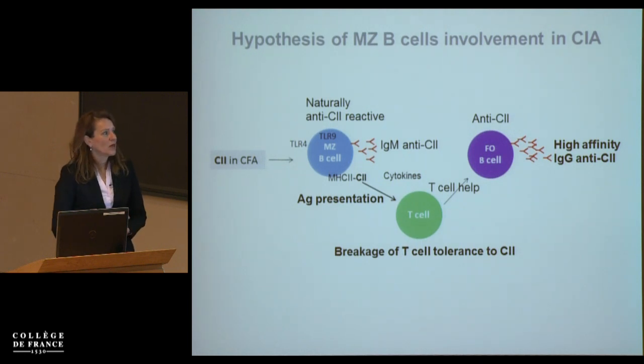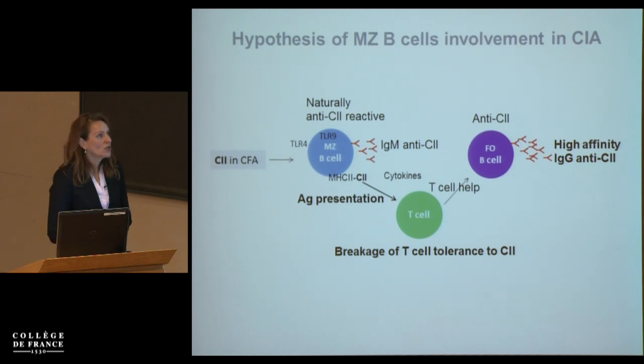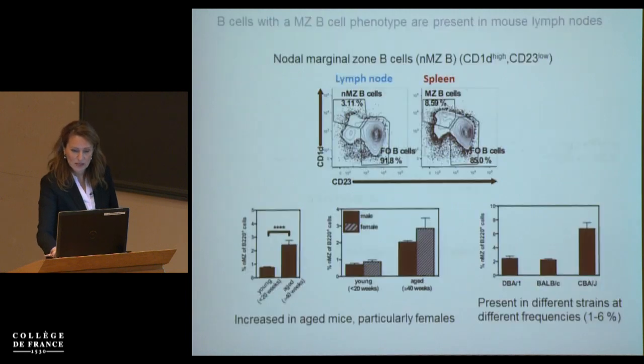And in this case, you break the T cell tolerance to collagen, because this is the protein of this mouse. So you break the tolerance here. And then the T cell has now all the tools to help these follicular B cells that can recognize collagen to make really good high affinity antibodies, and particularly of this IgG type, which we know are pathogenic in arthritis.